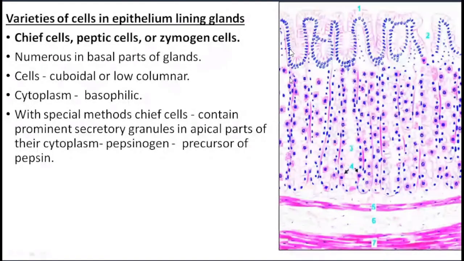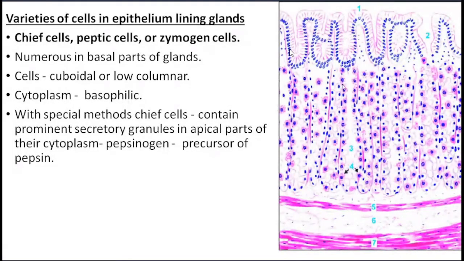Just remember that these simple tubular glands are not present in the pyloric region, and they are also absent in a small area near the cardiac end. These gastric glands are often called fundic glands, mostly related with the fundus of the stomach. Now these gastric glands are simple branched tubular glands.